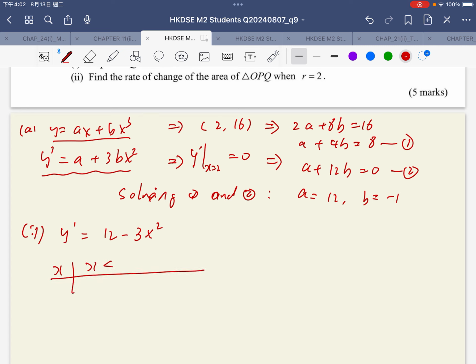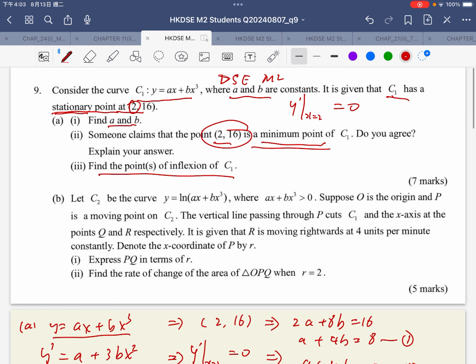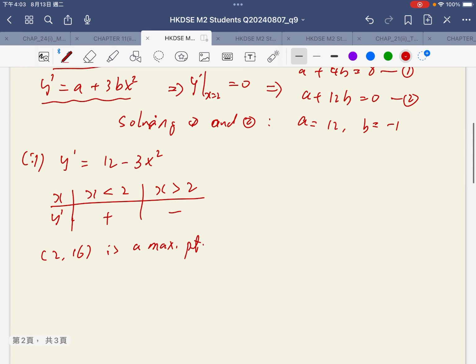For x less than 2, y prime is positive, and for x greater than 2, y prime is negative. Therefore, this point is a maximum point, which is not a minimum. Therefore, I disagree.